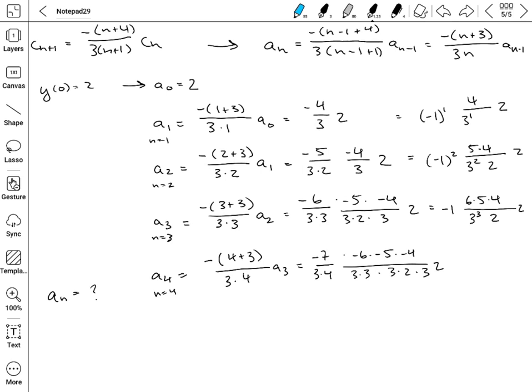My minuses all cancel out. So again, I've got minus 1 to an even power. So that one right there was a minus 1 to power 3. And then I've got 7 times 6 times 5 times 4 on the top. So that factorial thing seems to be working right.